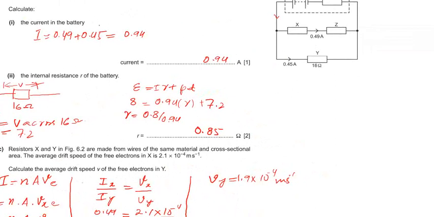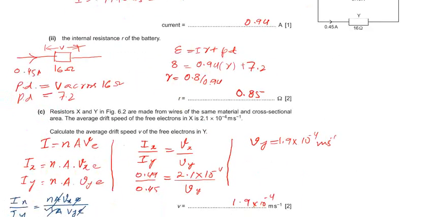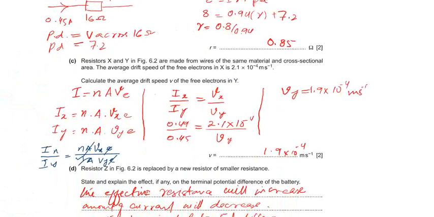The resistors X and Y are made from wires of the same material and the same cross-section area. The average drift speed of the electron in X is 2.1 times 10 to the power minus 4 meter per second.